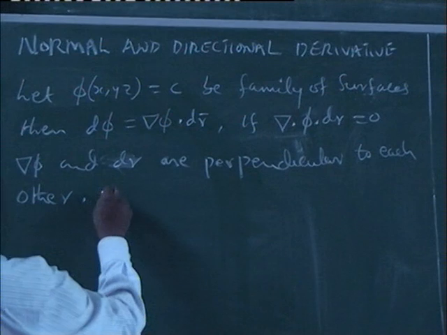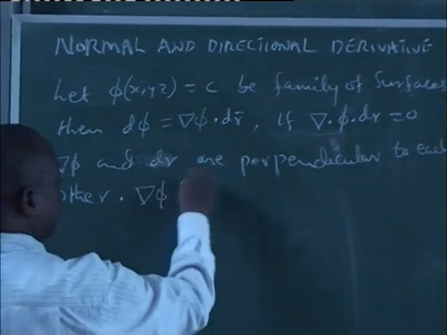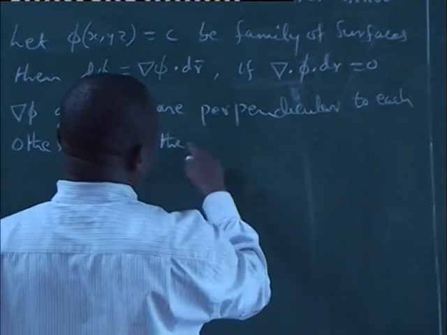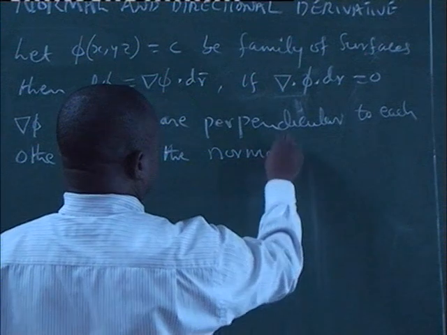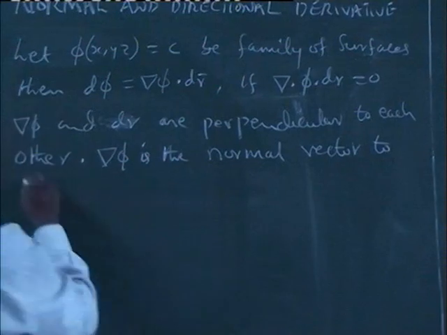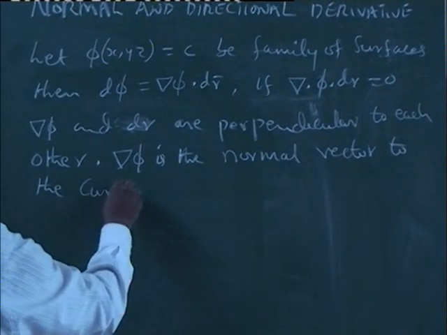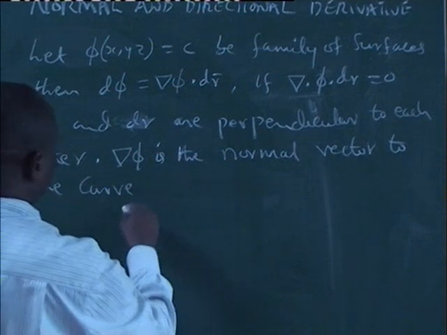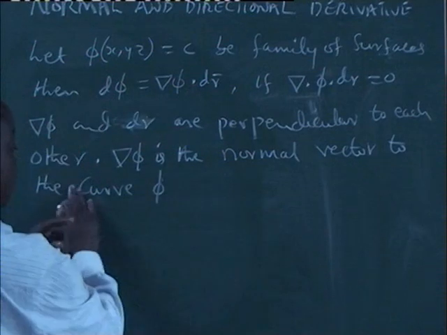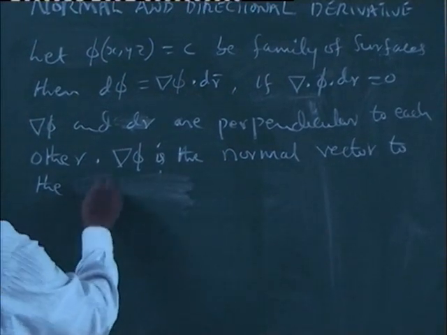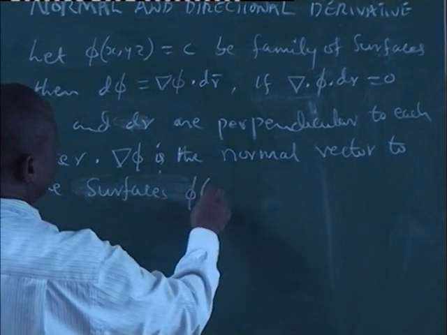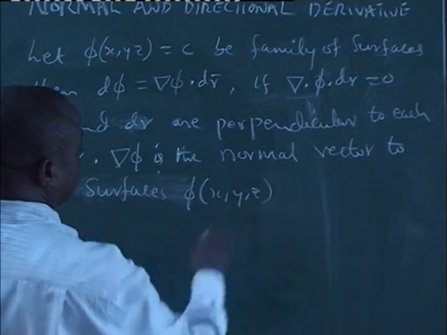Now, you see, del phi is the normal vector to the surface phi of x, y, z.